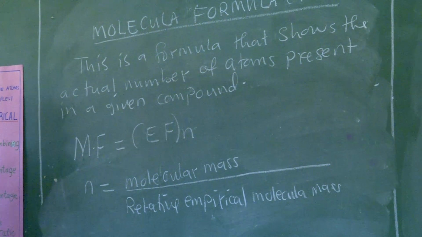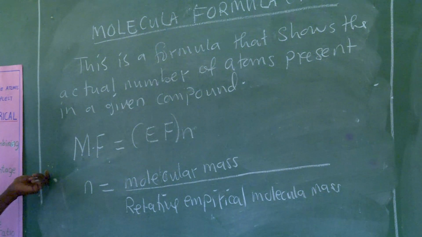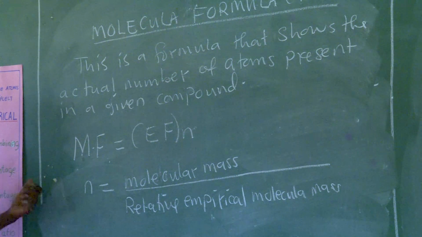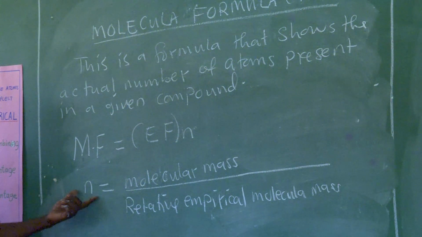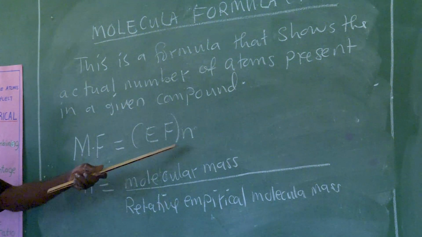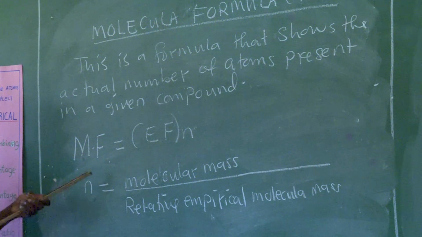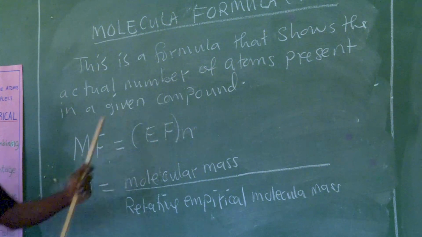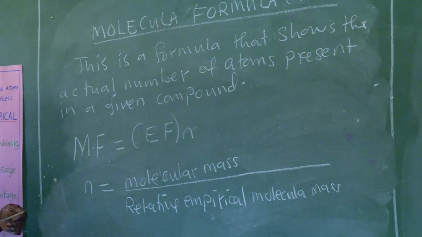So when I'm given a question where they want you to find the molecular formula, the first thing you calculate is the empirical formula. After you've found it, you can find the multiple whole number n, and multiply the empirical formula by n. It will give us the molecular formula. Are we okay, learners? Yes.